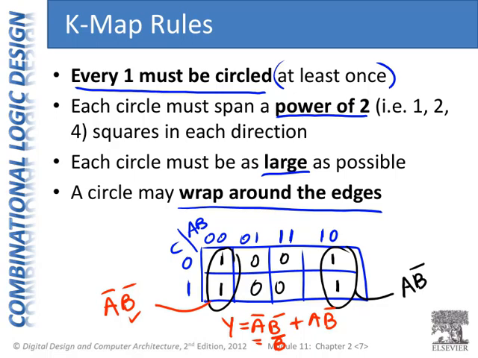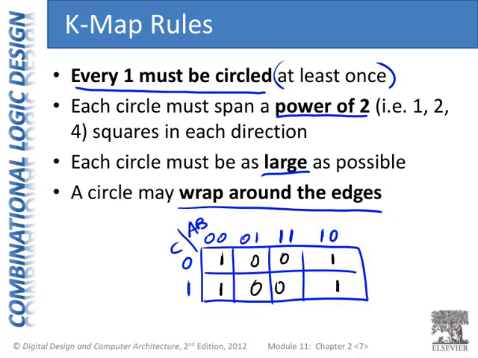So if I go from this edge over to the other side, as if I took a piece of paper and folded it around on itself, these differ only in, this is the A and B bar form, this is A bar, B bar. So only A changes. So from one side to the other they are also logically adjacent.